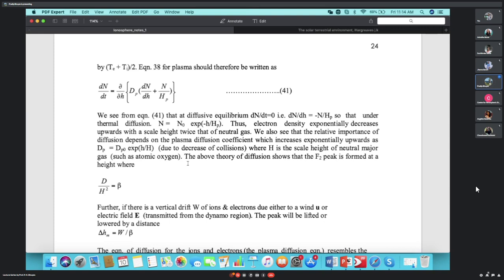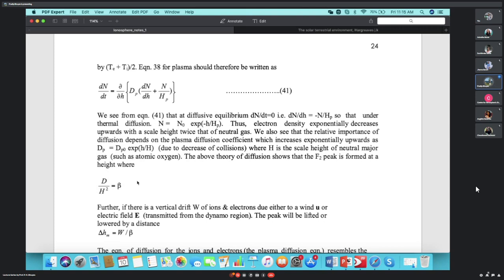So from this theory of diffusion, we can write this beta. Beta is your loss coefficient. We know alpha and beta, so loss coefficient. So D by H squared can be equated to beta. This expression can be obtained; you can see Hargreaves' book.